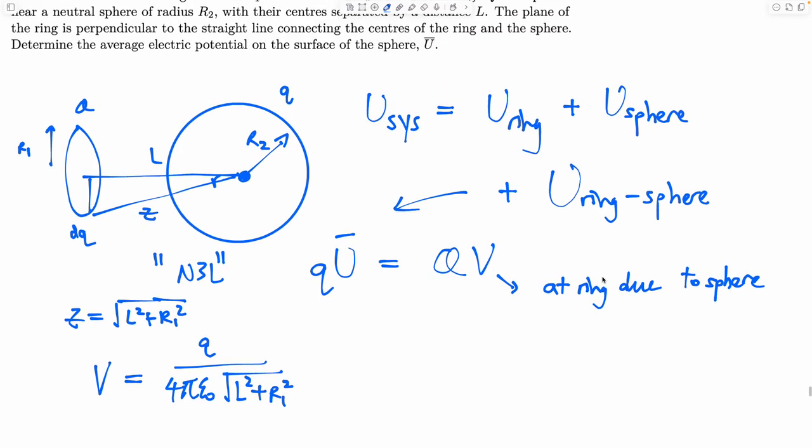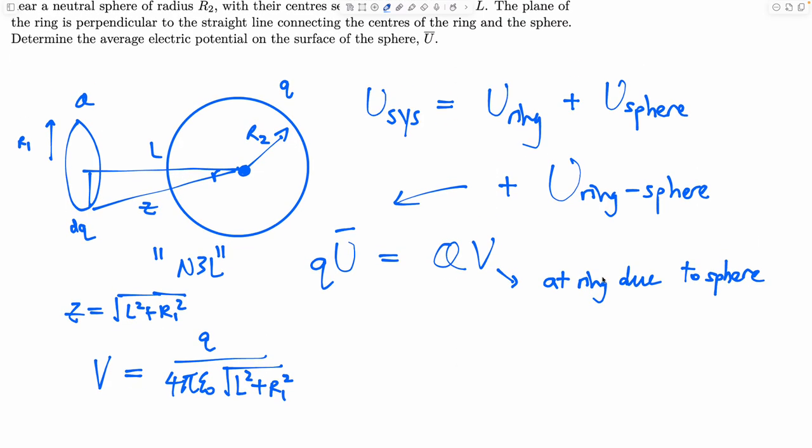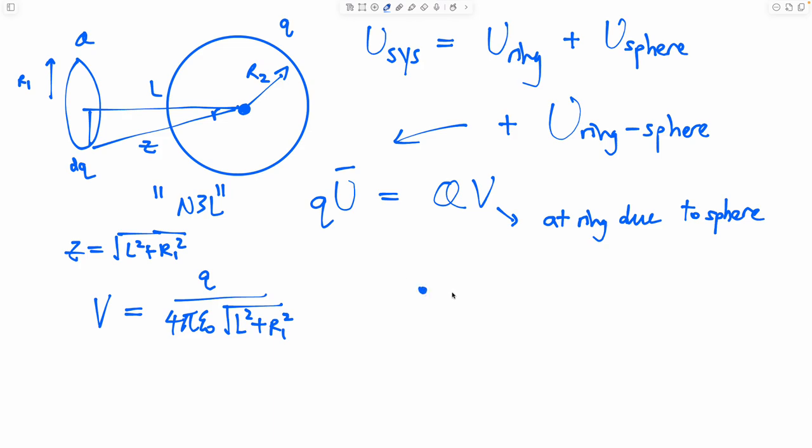Okay, so I have a question. The question is, can you explain why QU bar is equal to QV? So for the ring-sphere interaction, there are charges on the ring, so let's call this Q, and there are charges in the sphere. This one is small q. So they interact between themselves, right?